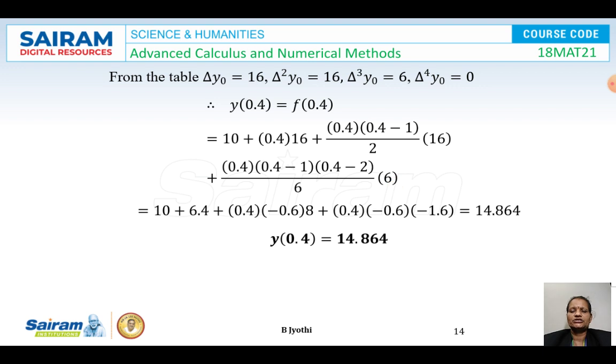On cancellation and simplification, we get 10 plus 6.4 plus 0.4 into minus 0.6 into 8 plus 0.4 into minus 0.6 into minus 1.6, which is equal to 14.864. Therefore, y of 0.4 is given by 14.864. This is the answer.